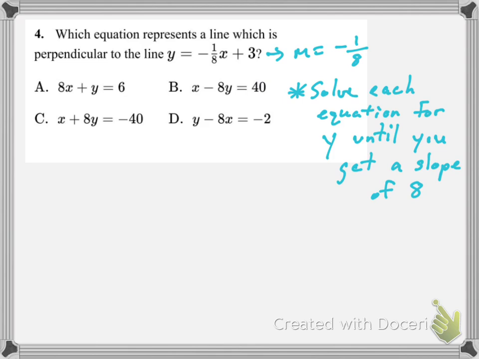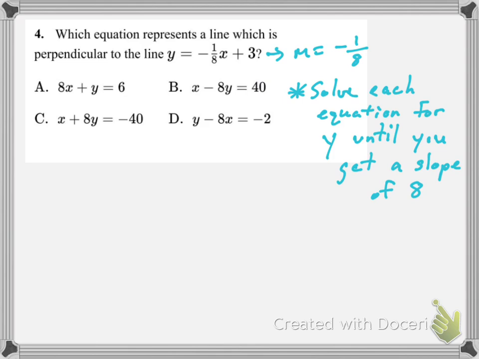All right. So, which equation represents a line which is perpendicular to the line y equals negative 1/8 x plus 3? Now, in the last section, our choices were in slope-intercept form. This time they've reversed it. Now our given equation is in slope-intercept form, and our answer choices are in standard form.